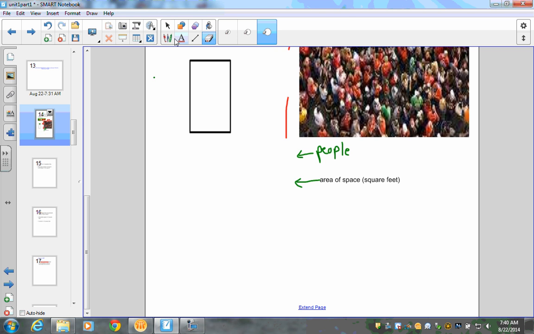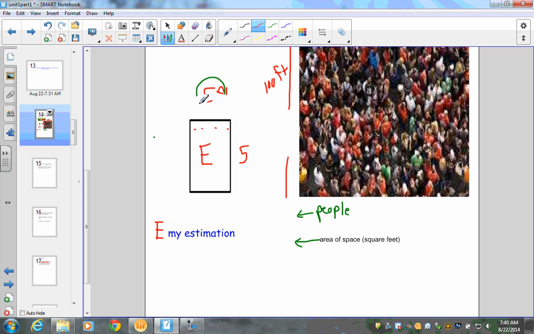And in my square here, rather than actually putting a whole bunch of people in here, I'm just going to put the big E. E stands for my estimation, which means this is my estimation of how many people can fit in a 5 by 5 square. Now, I don't know exactly how many people there are. I'm just going to say it's my estimation.